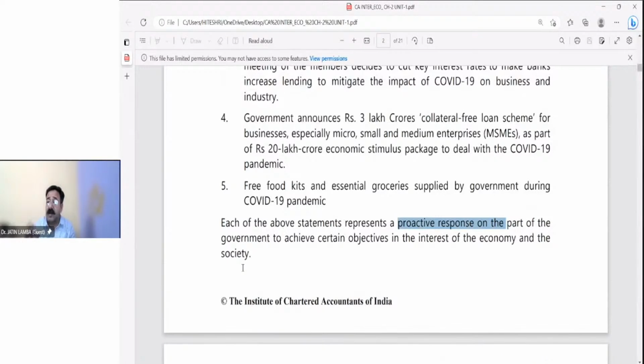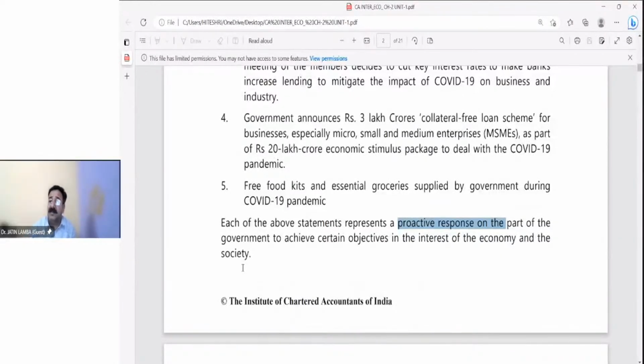Means government is giving protection to the industries, giving a boost to the industries, providing the benefits to the industries so that more industries and enterprises can be set up, right?